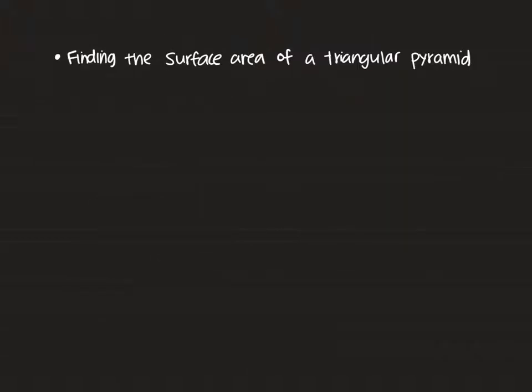Now, finding the surface area of a triangular pyramid is a little more complicated because we are using all triangles. As long as you remember how to find the area of a triangle, it's usually the same thing, but I know finding the area of a triangle is usually the hardest part. So we'll take a look at that in this lesson as well.